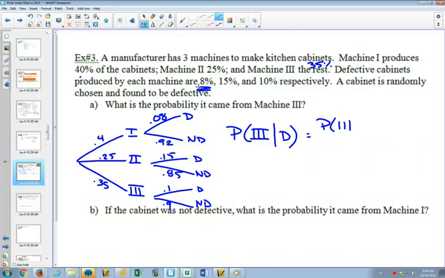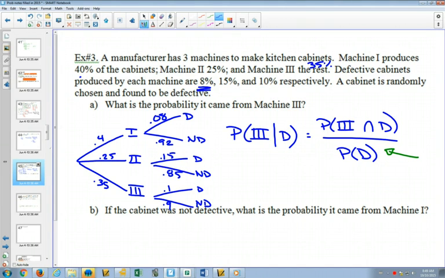So we're going to look at machine 3 and defective, divide by the probability of all the defective ones. So we can see in the formula itself, this bottom part is what is restricting our sample space. It says if we divide by only the probability of the defective ones, we're only looking at that smaller sample space.